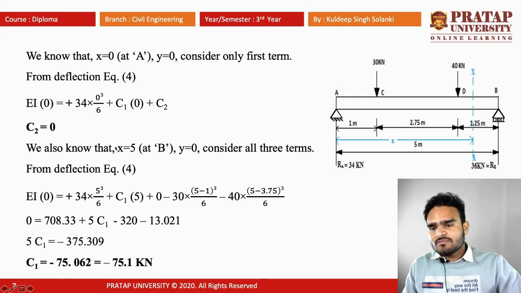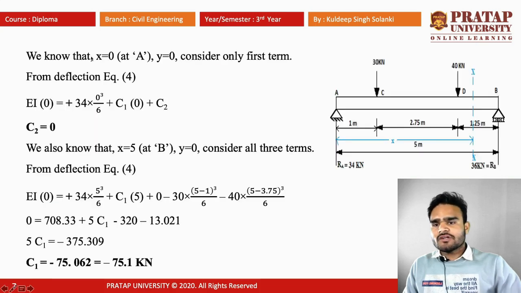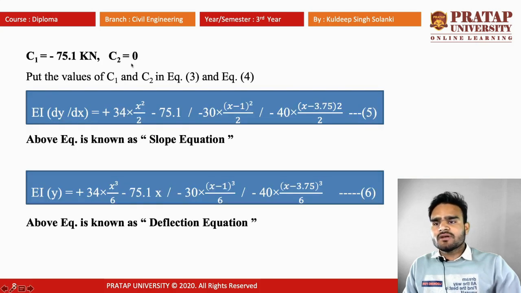After putting this condition in the deflection equation and solving, we get the value of C1 equal to minus 75.1 kilonewton, and the value of C2 equals 0.